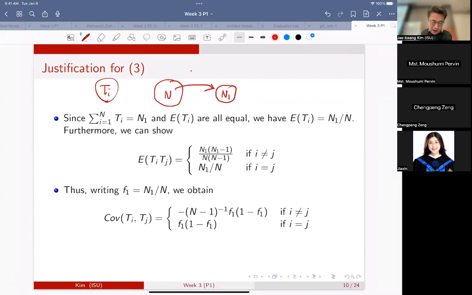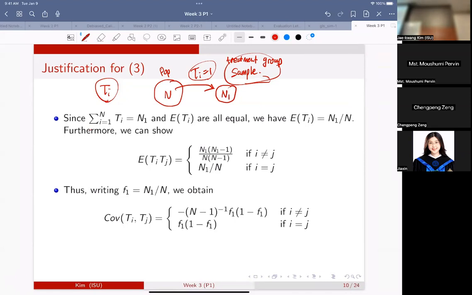Ti equal to 1 is the treatment group sample.